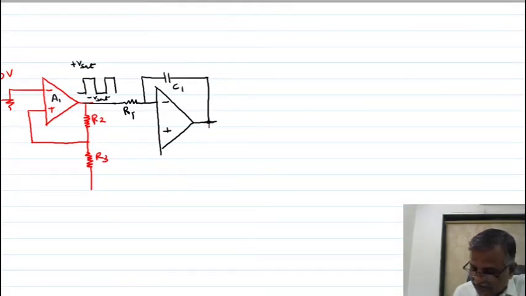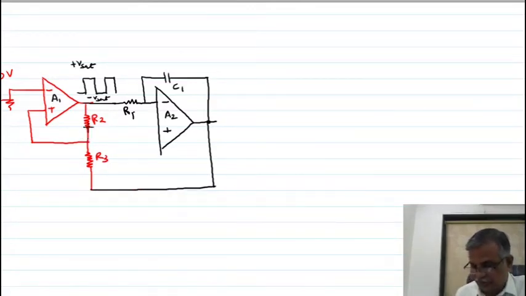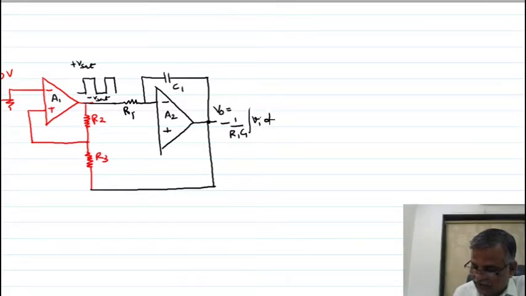The output of A2 is fed back to A1 through the potential divider network consisting of resistors R2 and R3. Here you will get minus 1 upon R1 C1 integration of V_i dt. The input voltage for A2 is this square wave.